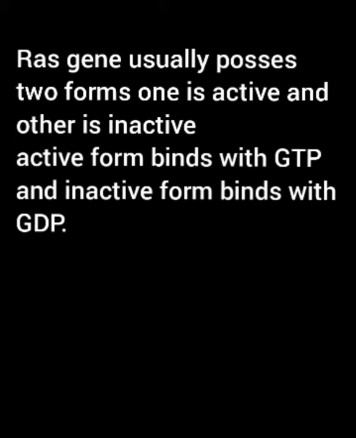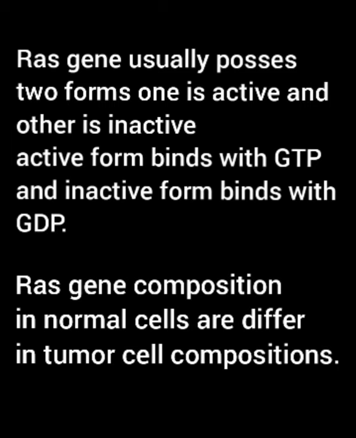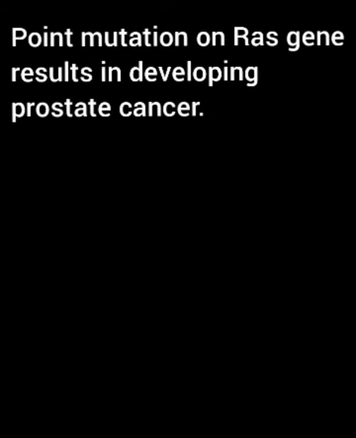The active part usually binds with GTP and the inactive part usually binds with GDP. GTP to GDP conversion is catalyzed by GTPase, and the RAS gene composition in a normal cell will not be similar to the RAS gene composition in tumor cells. A point mutation in the RAS gene also creates prostate cancer.